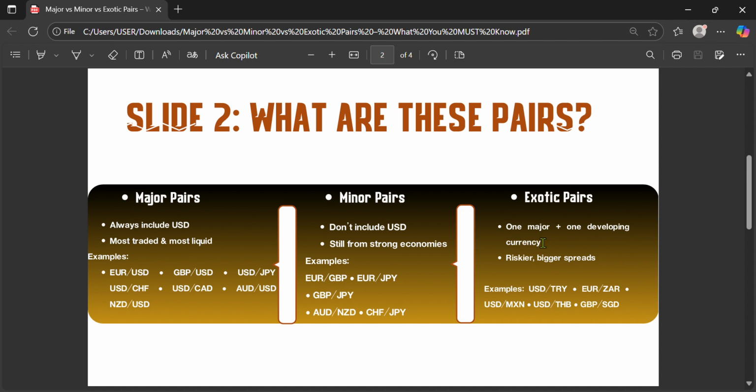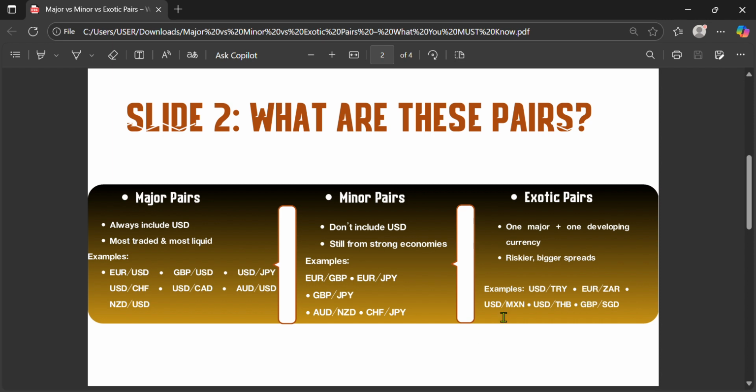So here we have a major currency with one developing currency or emerging market. For instance, you can have USD/TRY. Most of the currencies you're going to see here are just emerging. They are just coming up. They are developing countries, developing currencies, currencies that are not widely known by everybody.